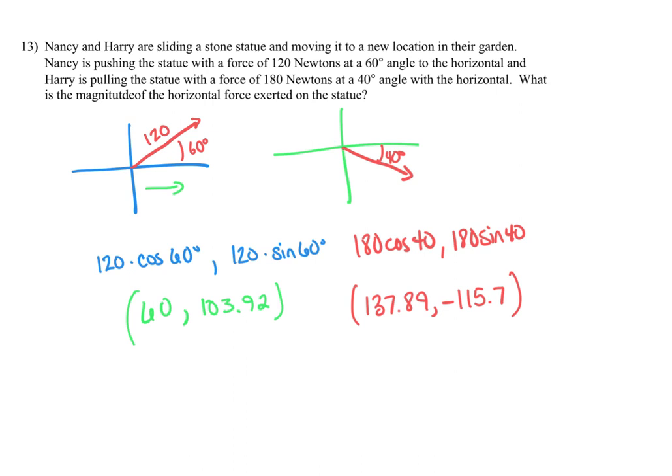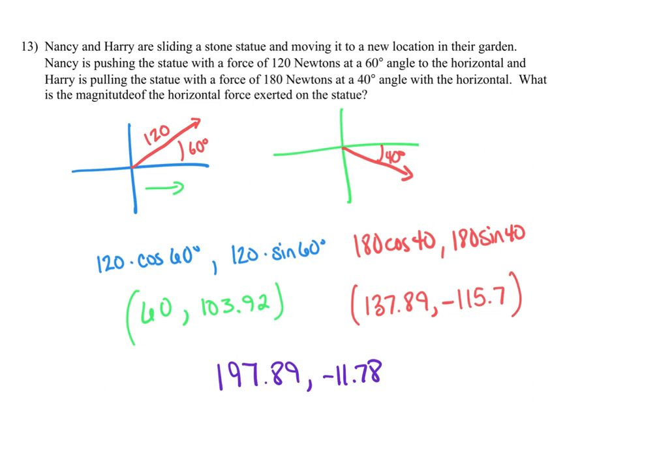So you're just going to add your 2 x's, get your 197, that's your new x. Get your new y, and then take your magnitude of that.